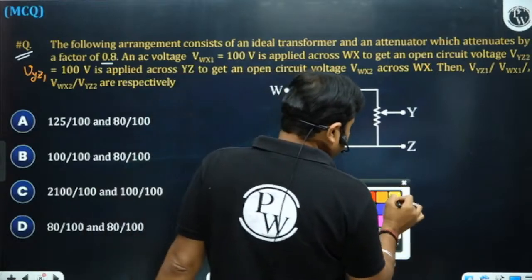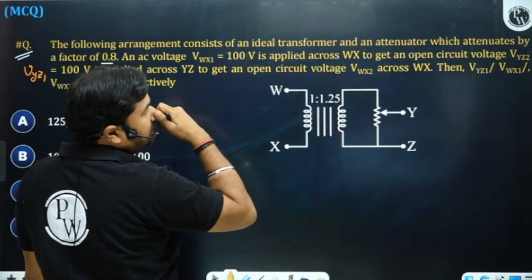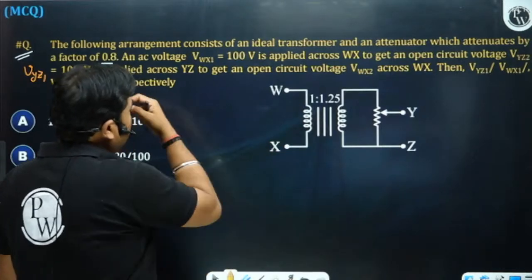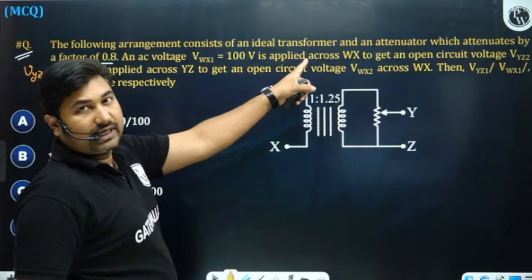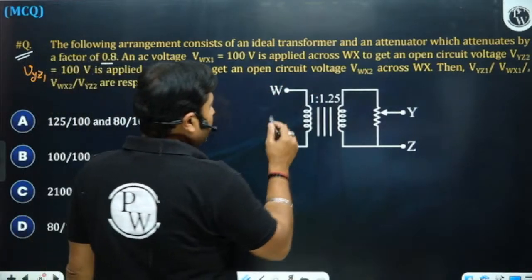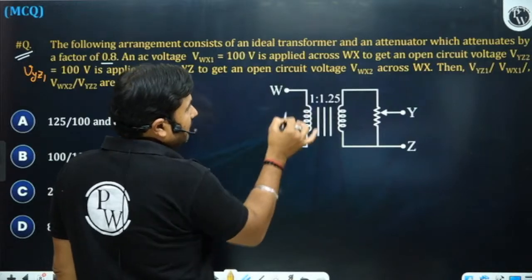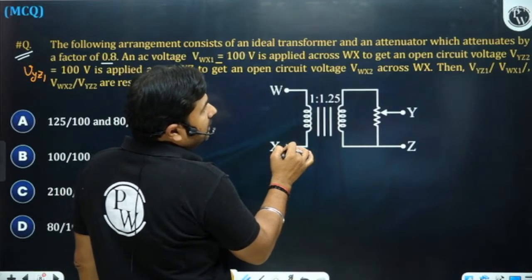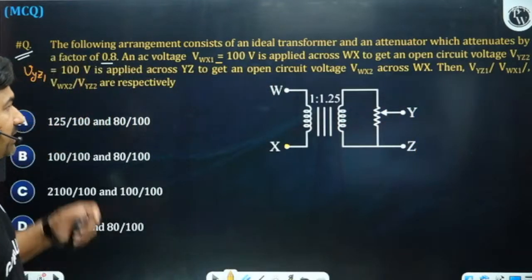Please observe here. The following arrangement consists of an ideal transformer and an attenuator which attenuates by a factor of 0.8. An AC voltage VWX1 is equal to 100 volt across WX. So when a voltage of 100 volt is applied here, that is called VWX1, 100 volt, then the open circuit voltage obtained here is represented by VYZ2.